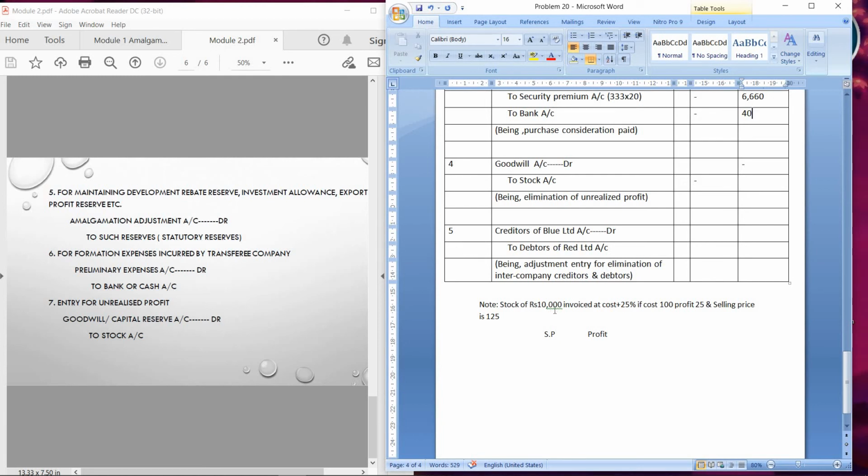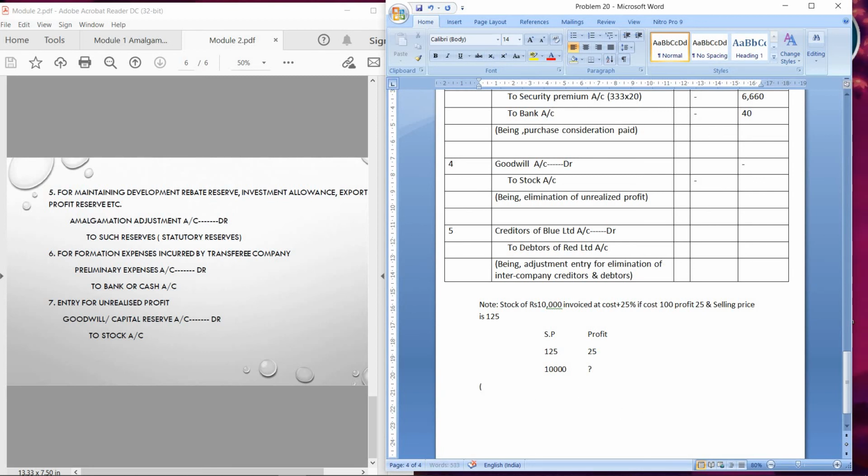Okay, for that we have to pass the entry. So if the selling price is rupees 125, the profit is 25. Now here you know the selling price, that is 10,000. Stock of 10,000, but you don't know what is the profit. So we have to find out.